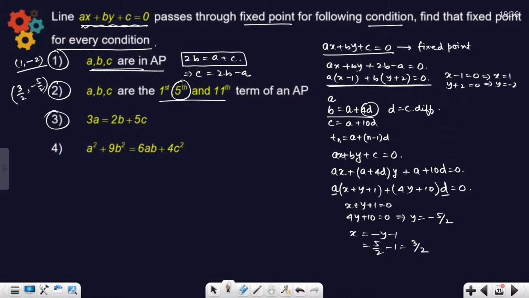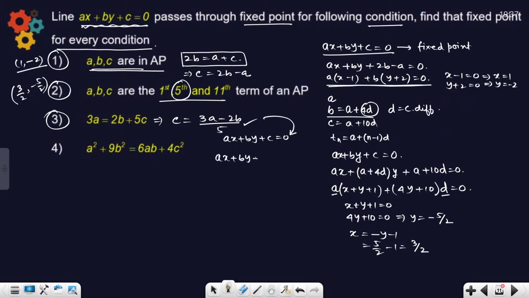In the third case also, I will do the same thing. I will simply write from here, your C is nothing but (3A minus 2B) over 5, and I will simply replace this in the equation Ax plus By plus C equals 0.